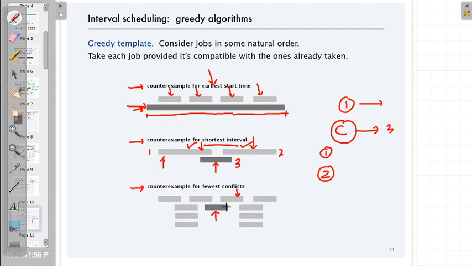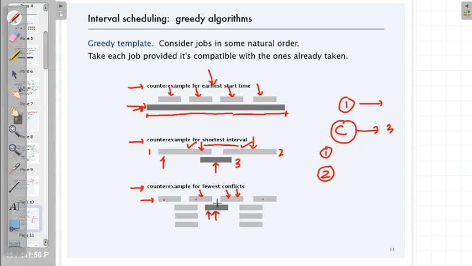But once it is selected, I cannot select those two others. With some other algorithm, I can take this one, then this, then this, then this. So even the fewest conflict first algorithm may not be optimal.